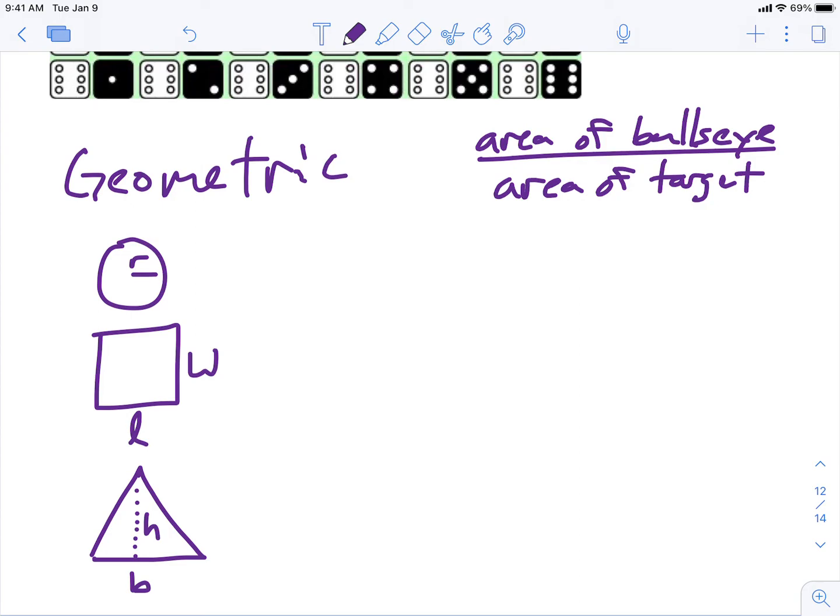So for a circle of radius r, the area is pi r squared. For a rectangle, it is length times width, or length times height, however you want to think of it. And for a triangle, it is base times height over 2, or 1/2 base times height, 0.5 base times height, however you want to do it. It's all the same thing.